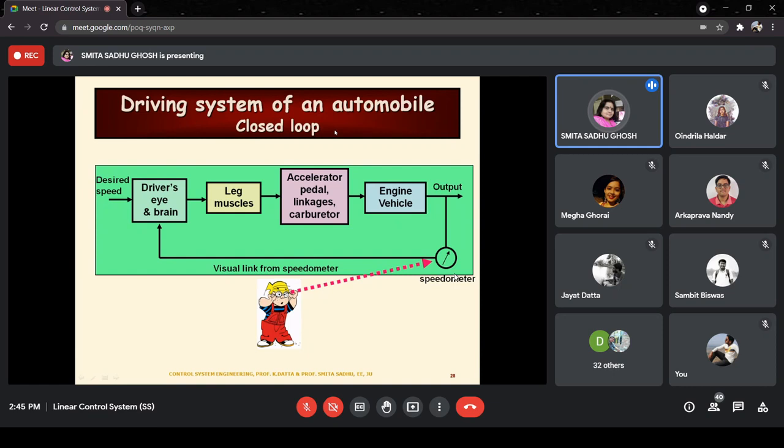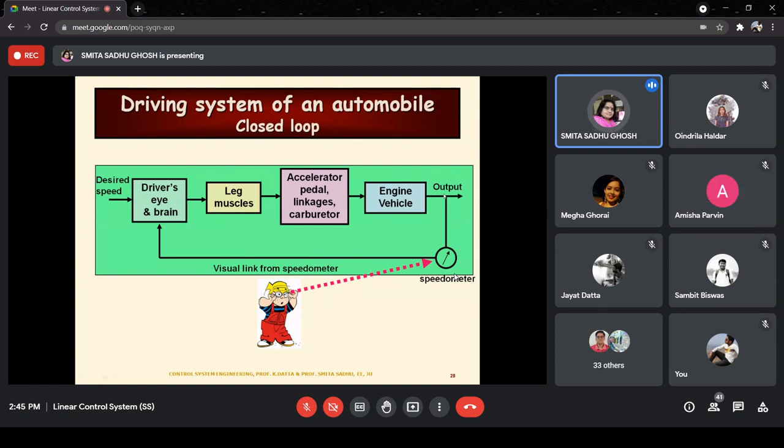The same system of an automobile can be made to work in a much better way as a closed loop system, because the possibility of accidents as far as speed increase or decrease is concerned is reduced to a large extent.